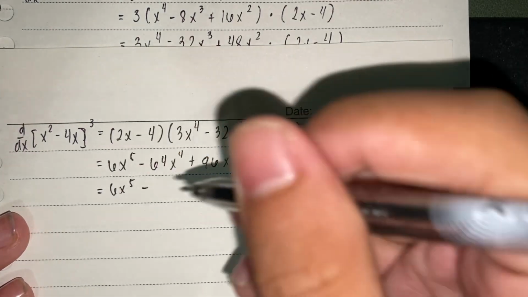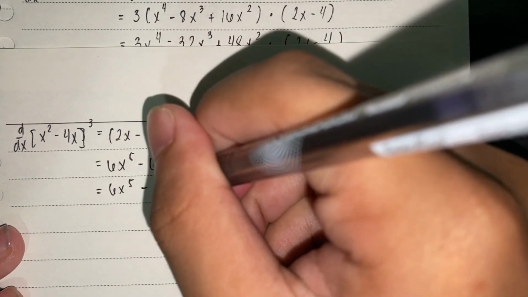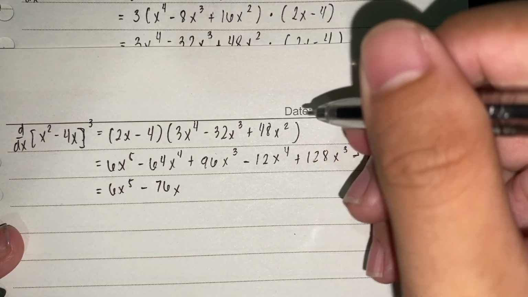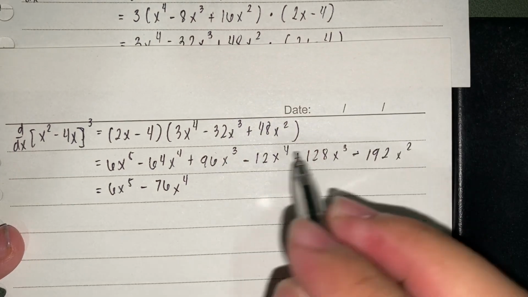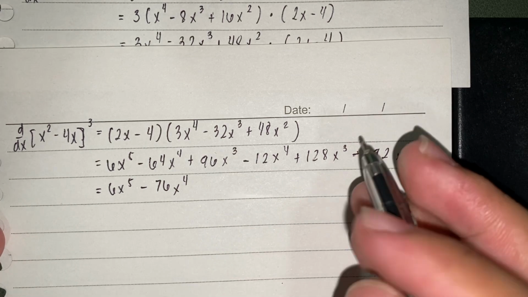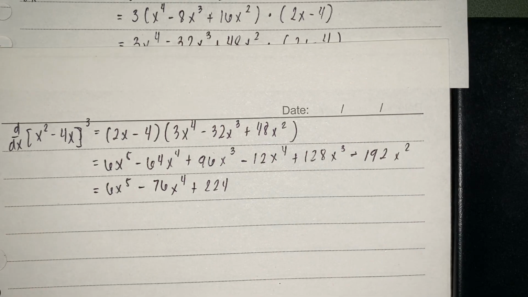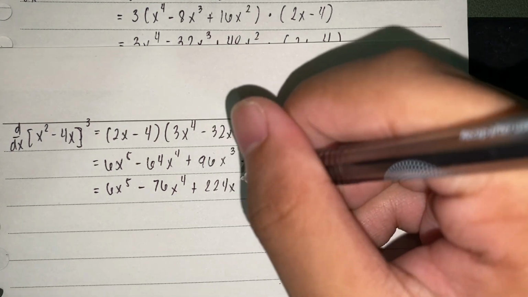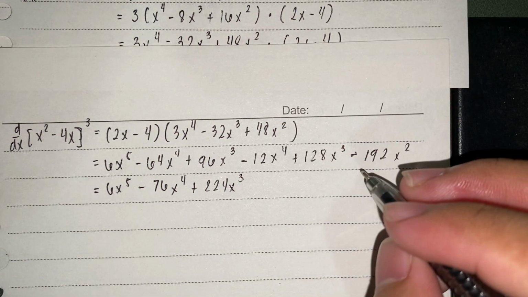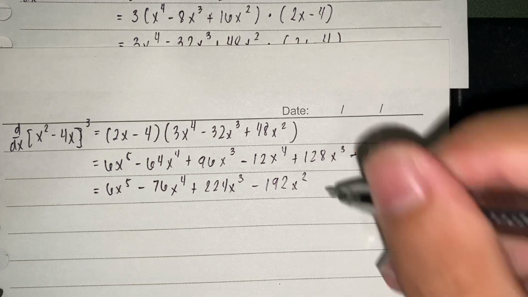That will leave us with 76x raised to 4. And then these two have the same exponent, 3, which is 96 plus 128, that is 224. Hold on, let me check that again. 96 plus 128. Okay, that's correct also, times x raised to 3. Then copy the last term, which is negative 192x squared.